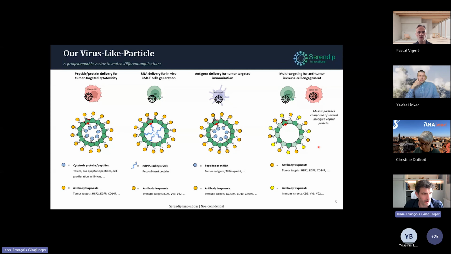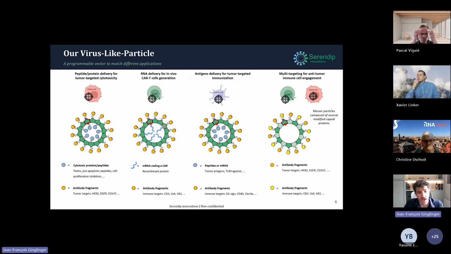So what does it do first? It's a programmable vector, one for which you can simultaneously program the inner and outer surfaces with different things to match different applications. For example, on the left there, you can produce a cytotoxic peptide on the inner surface and deliver this capsid with an antibody fragment expressed on the outer surface to target cancer cells.